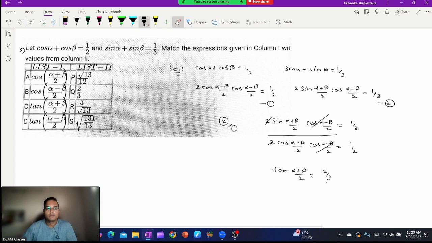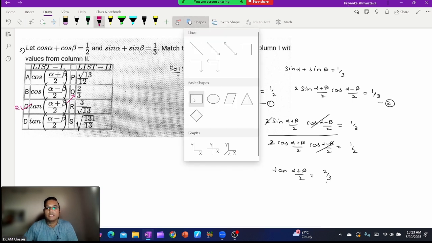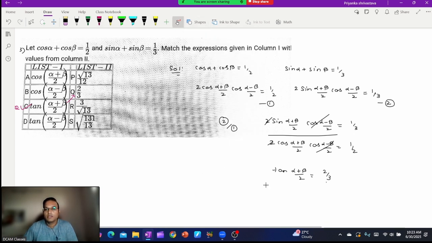The answer should be, for the option A, the answer should be... no, sorry, not for this. For tan (alpha plus beta) by 2, if this is for C, the answer should be Q. If you got the value of tan (alpha plus beta) by 2, you can easily get the value of cos and sine also if you want.